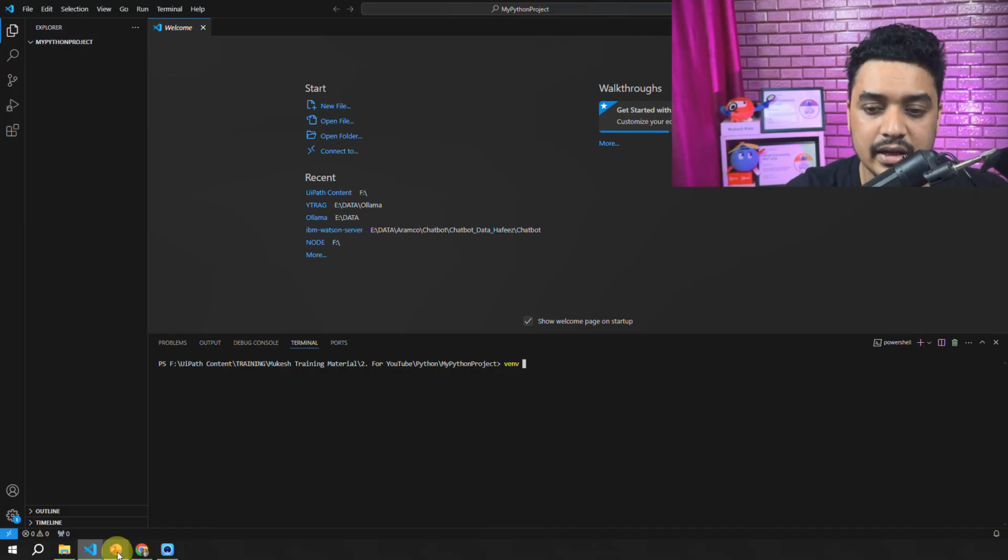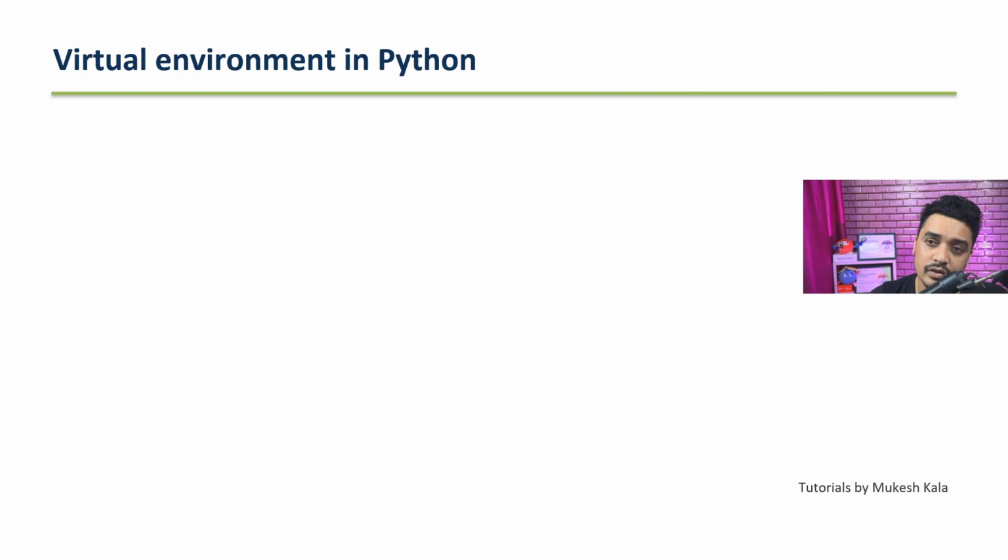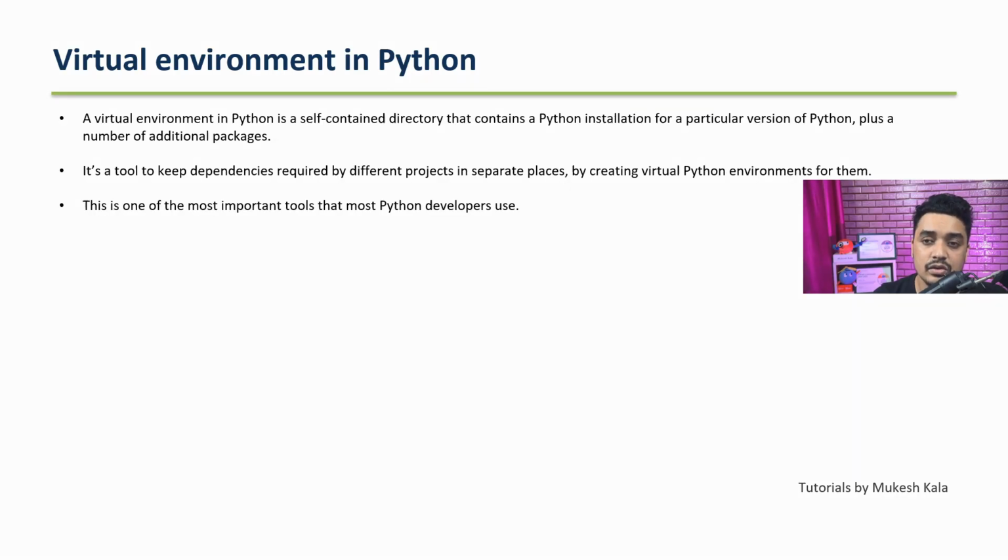To answer that, I am quickly going to go back to my presentation. Now we have the workspace, which is segregating the projects. Now there is something called virtual environments. What exactly is that? I'm going to read through the slides. A virtual environment in Python is a self-contained directory that contains a Python installation for a particular version of Python, plus a number of additional packages.